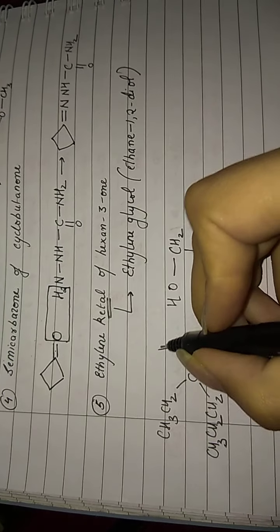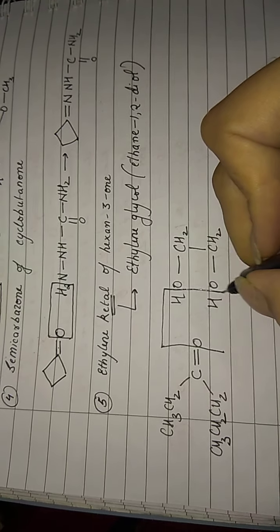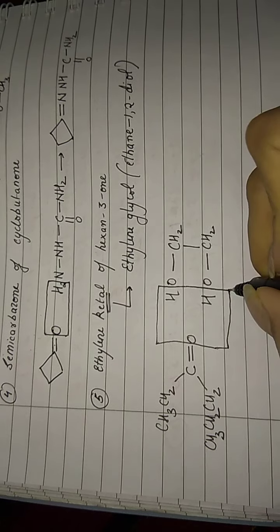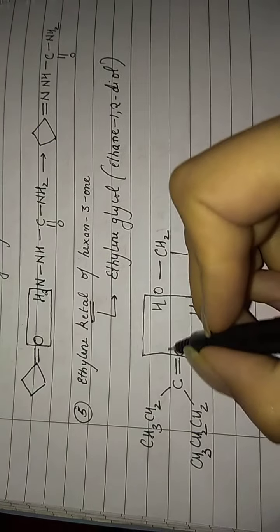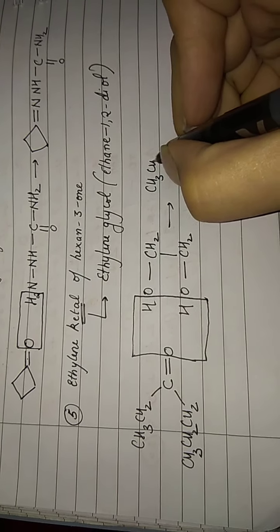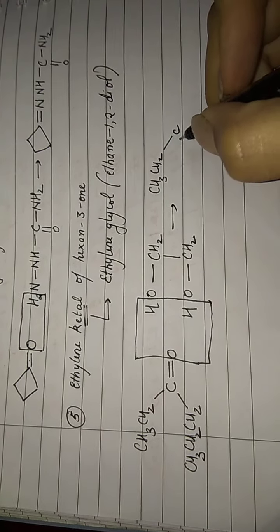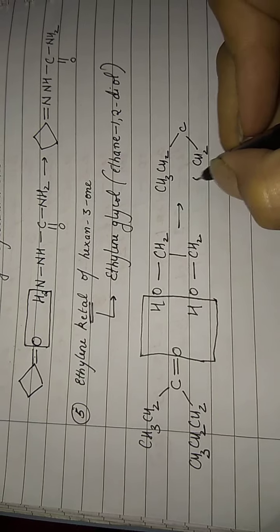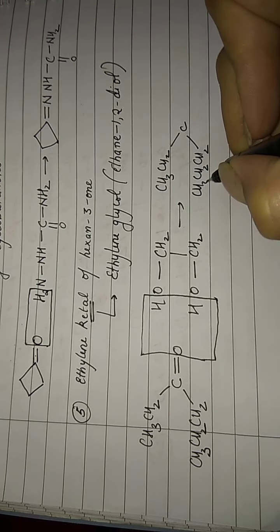Okay, so what you're going to do over here, you're going to again remove water from here. H2O is removed, and then how do you join? CH3, CH2, C, CH2, CH2, CH3.